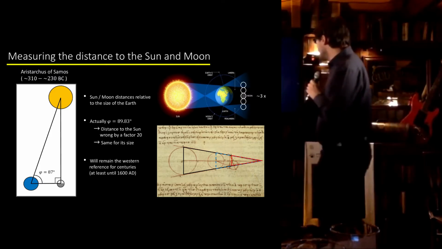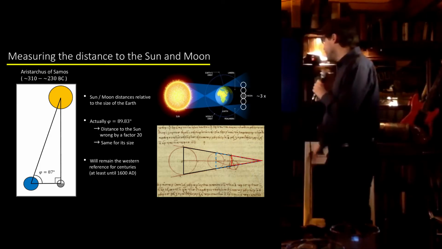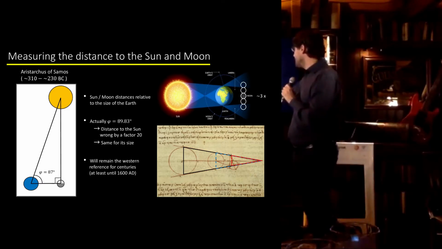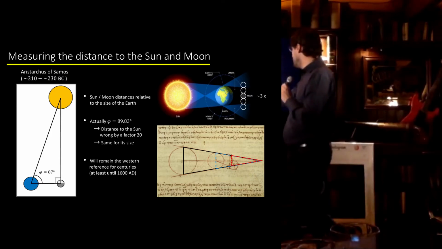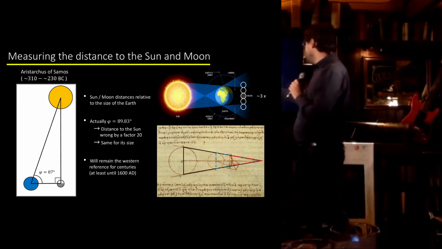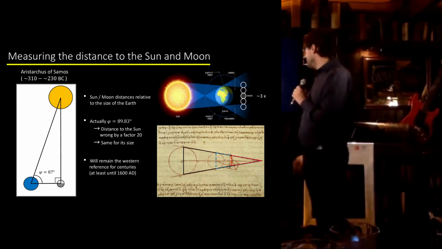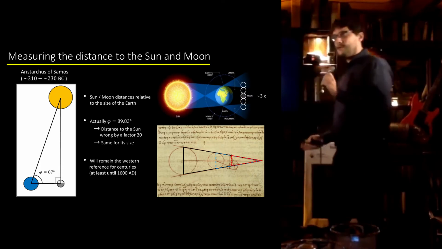And what that gives you is essentially this diagram here that comes from a book from Aristarchus, of course copied later on, where you have these three triangles that are essentially the same ones, with the sun on the left side, in the middle the Earth, and on the right the moon passing in the shadow. You have relations between all the sides of these triangles because they're just similar and proportional to each other.